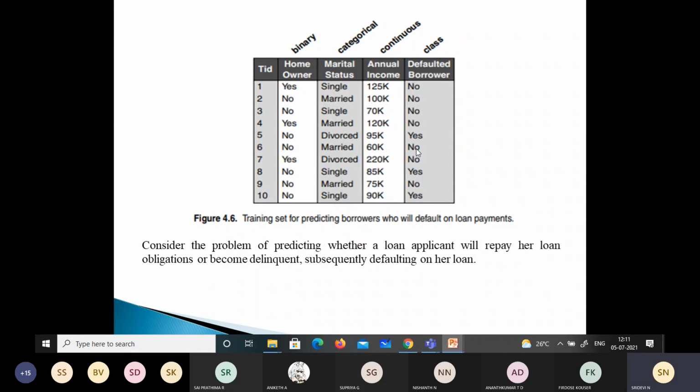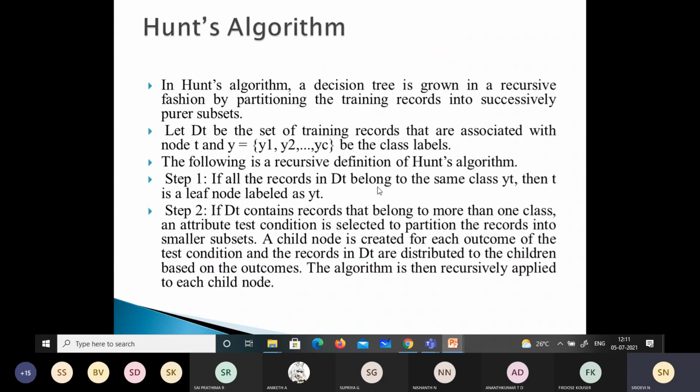In case the class values were common for all 10 transactions, then if all records in Dt belong to the same class, t is a leaf node labeled as yt. Then we need not partition anything. That is called a purer subset, and we will just say that all transactions belong to the same class.